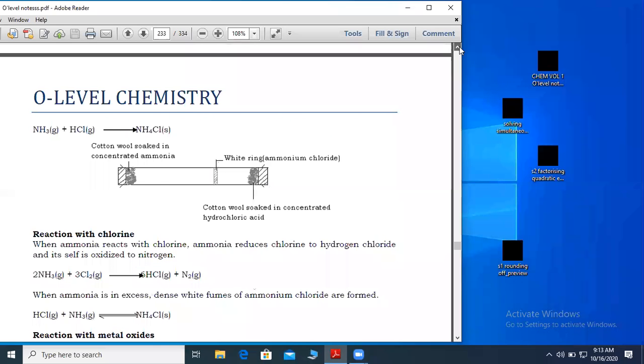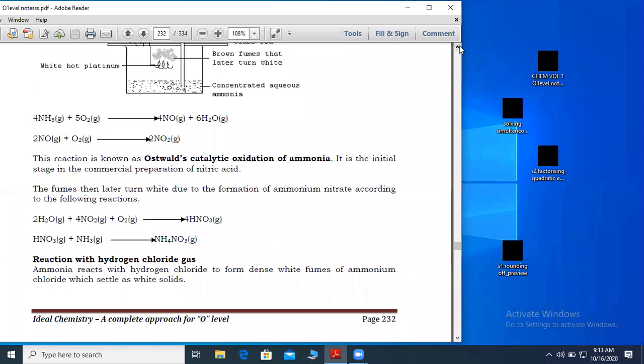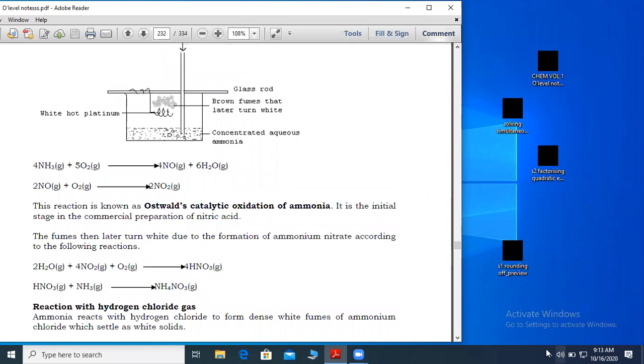Let me first take you back for some short time. Yes, here we are. Then part 2 was: outline the equations that take place in the manufacture of nitric acid from ammonia. Please, I said there are only 3 equations. But what happened? Many of you wrote 4.